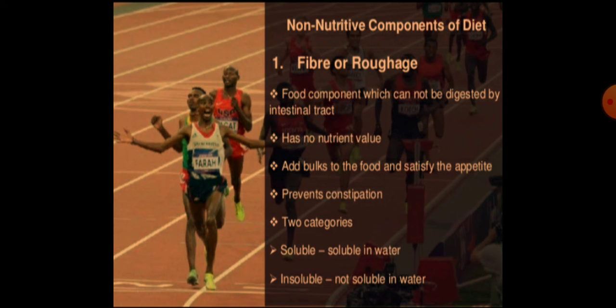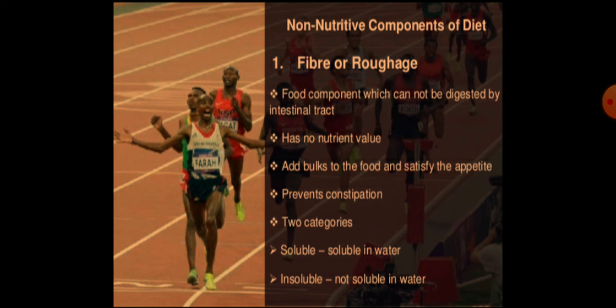Non-nutritive components of the diet. First one is fiber or roughage. Food component which cannot be digested by the intestinal tract is known as fiber. Has no nutritive value, adds bulk to the food and satisfies the appetite.